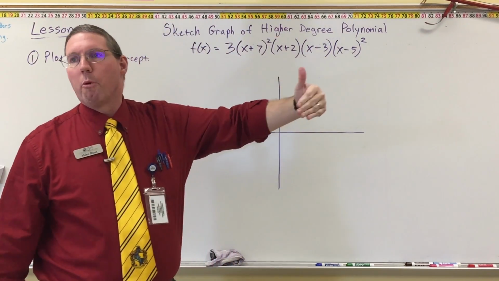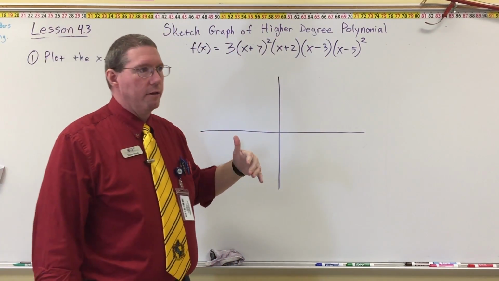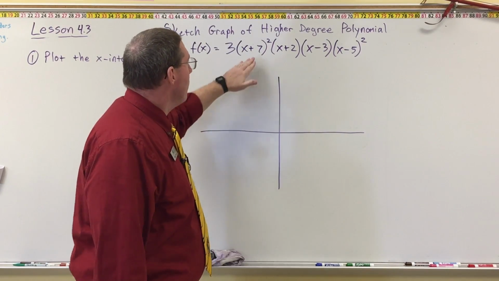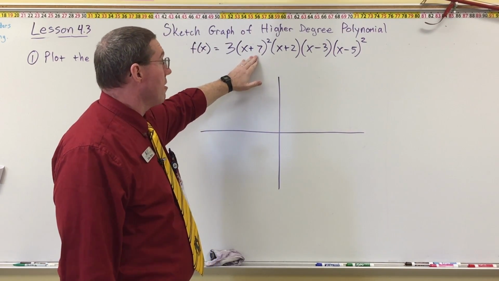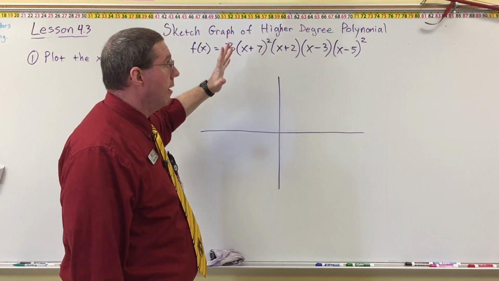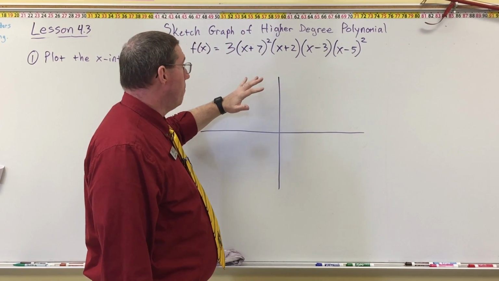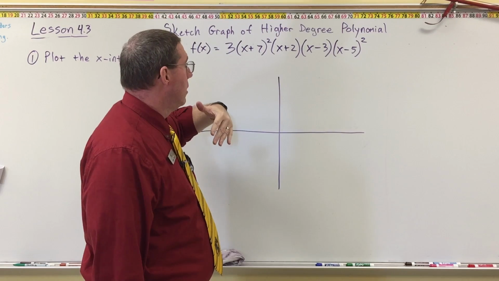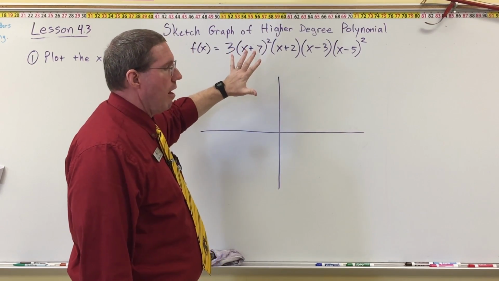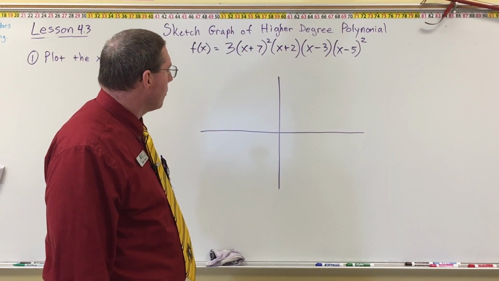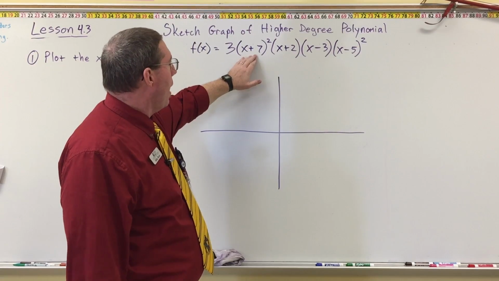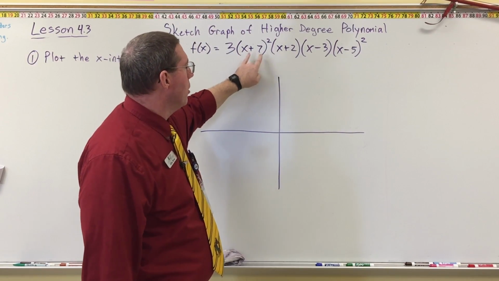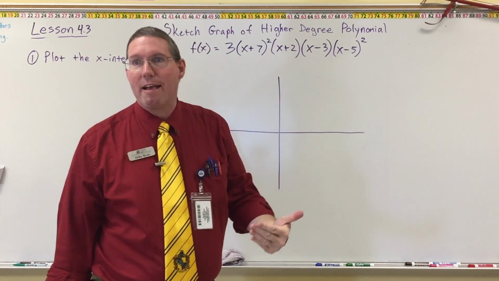Now, when you get to more difficult ones, which we probably won't get into in this class, one of these could be where it doesn't have a 0. I'm not going to get into that right now. Like if it says x squared plus 7 on the inside, then it doesn't have a 0, but we're not getting into that right now. As long as you have a linear binomial inside of each one of these, it has a 0.